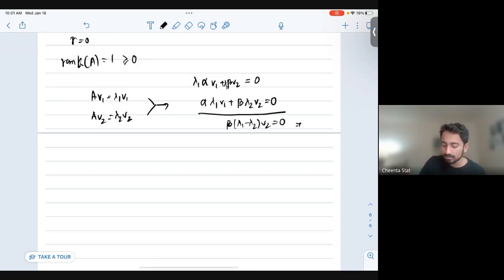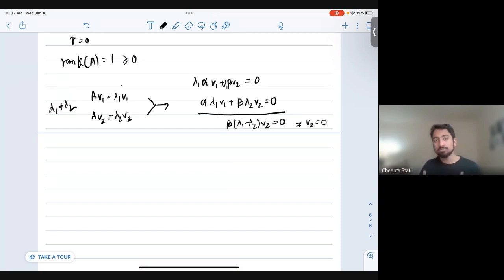This implies that lambda 1 equal to lambda 2, but lambda 1 is not equal to lambda 2. Also, we cannot have beta non-zero, so it implies that v2 must be equal to 0, right? But it is not, as it is an eigenvector. So we can similarly prove, you're right SK, and Shukri is also right, that if lambda 1 is not equal to lambda 2, then v1 and v2 are linearly independent.